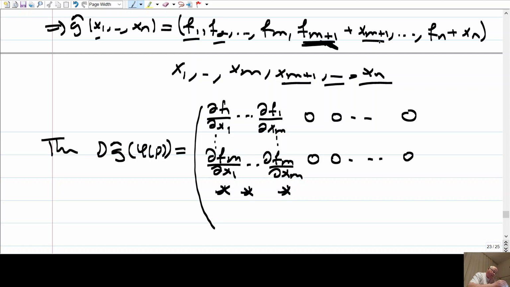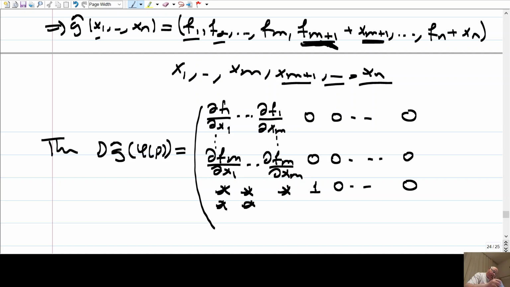But I have this extra term here, and the derivative of this with respect to x_{m+1} is 1. Therefore, the derivative of the (m+1)th coordinate of ĝ with respect to x_{m+1} is 1, and derivatives with respect to other variables are 0.